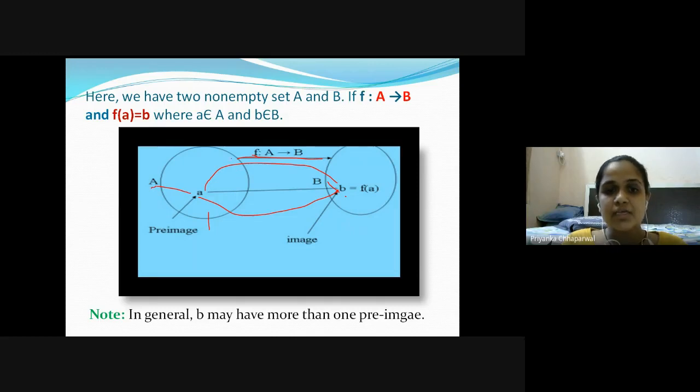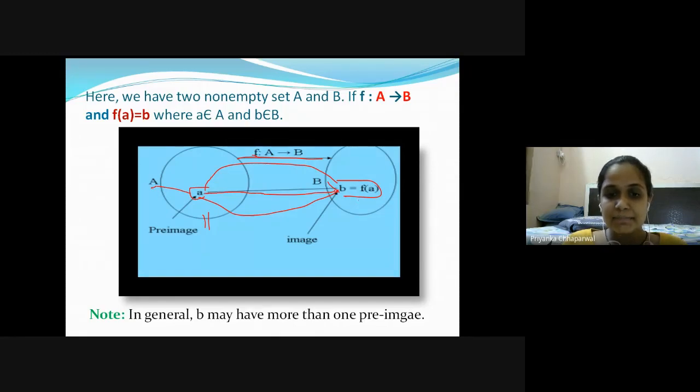So we have defined it by Venn diagram. We have two sets, set A and set B. Set A has an element a and set B has the element b equals f(a). If the image of a is unique, it is a function.